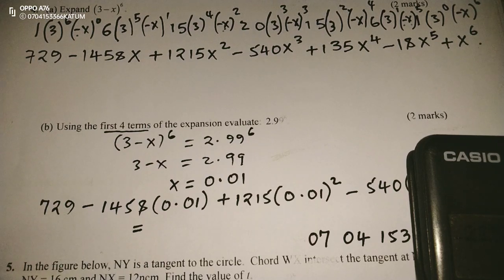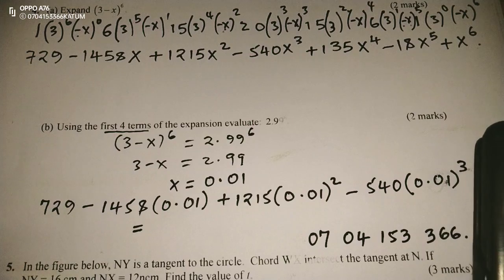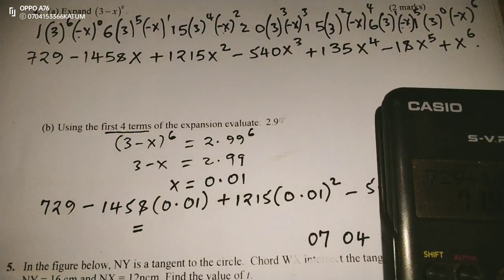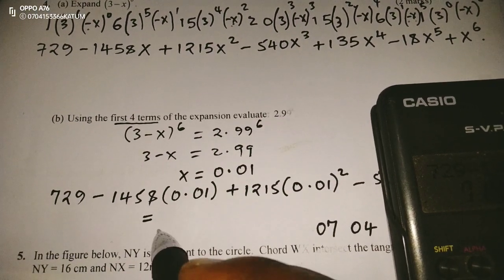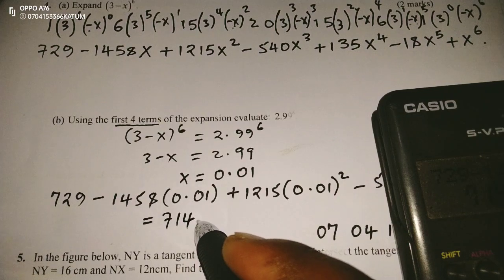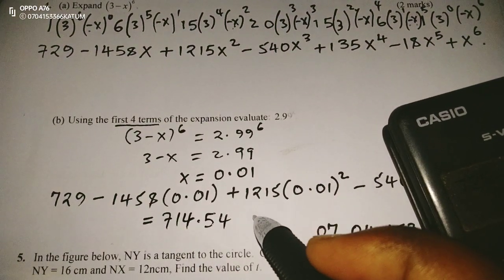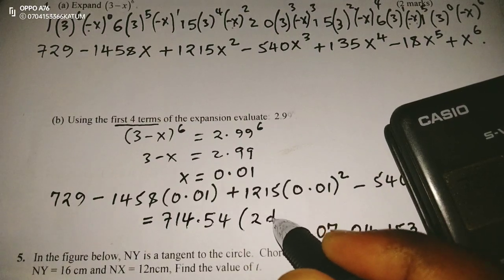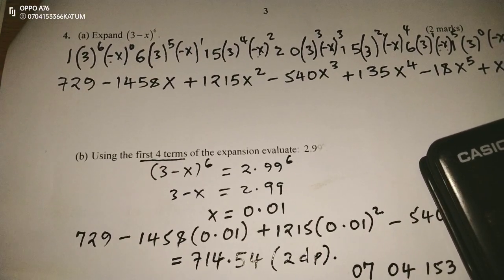Then minus 540 into 0.01 raised to power 3. So this will give us exactly 714.54, at least to 2 decimal places.